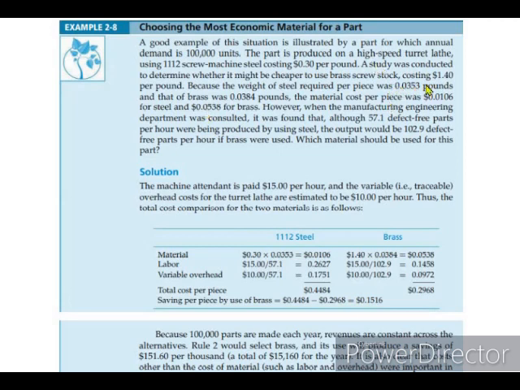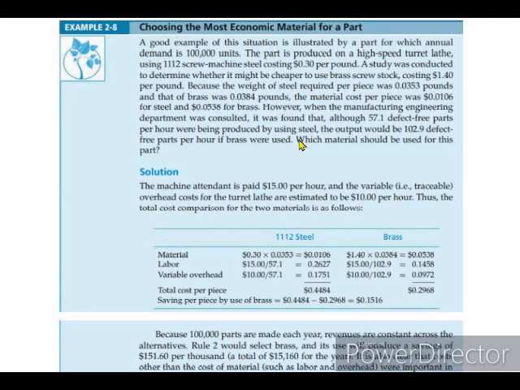Because it costs $1.40 per pound. Because the weight of the steel required per piece was 0.0353 pounds and that of brass was 0.0384 pounds, the material cost per piece was $0.0106 for steel and $0.0538 for brass. So you take note of all those given.